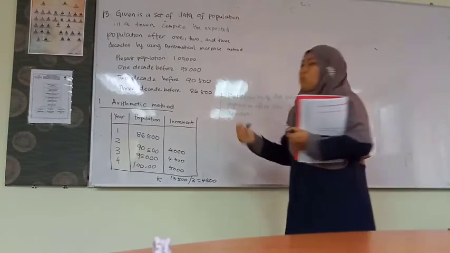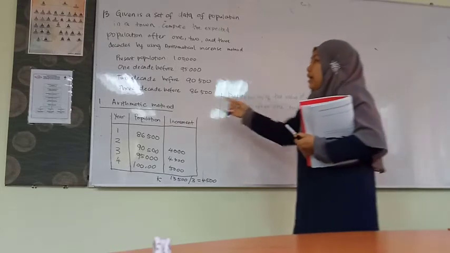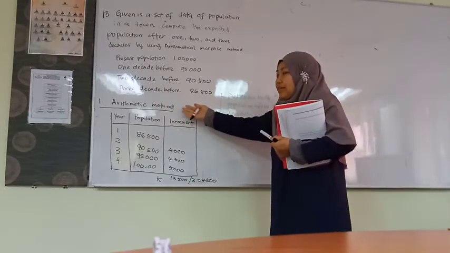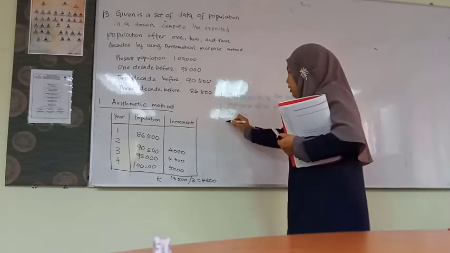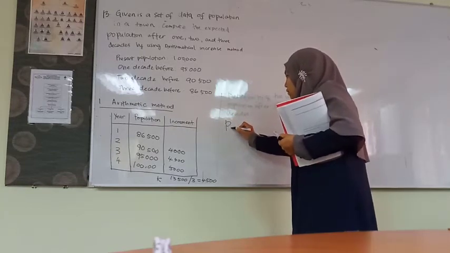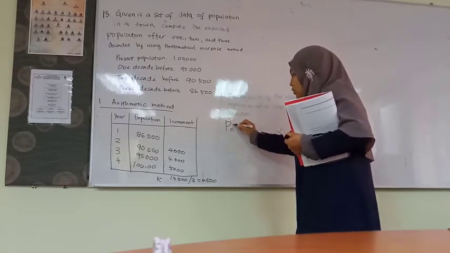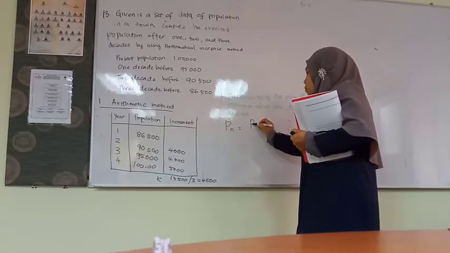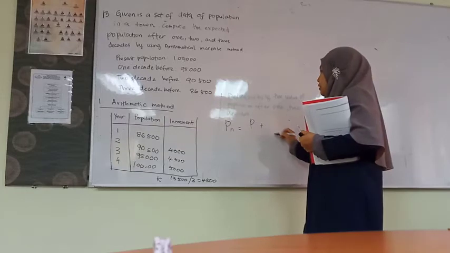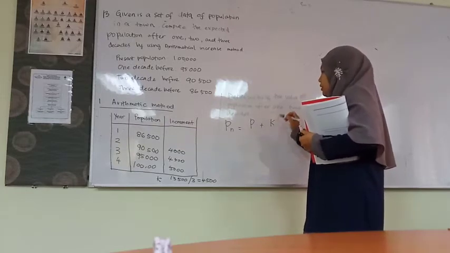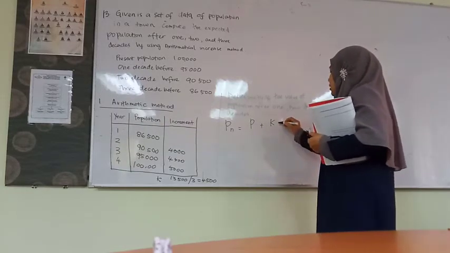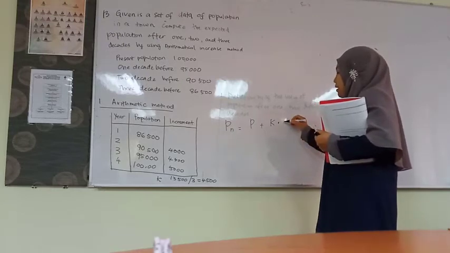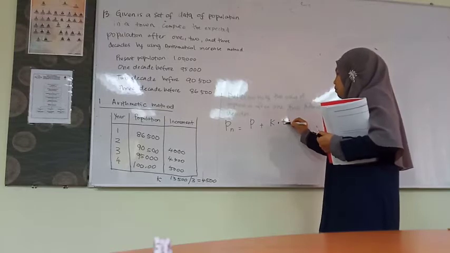So what is the formula for determining the population using the arithmetic method? The formula is: population for year n, which is what we want to determine, is equal to the current population plus average increment multiplied by time in terms of decades.